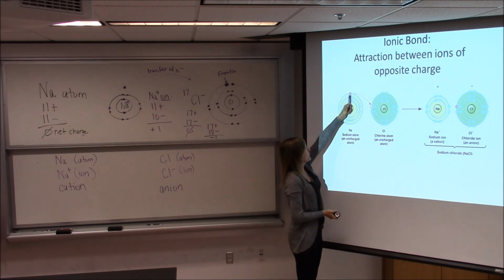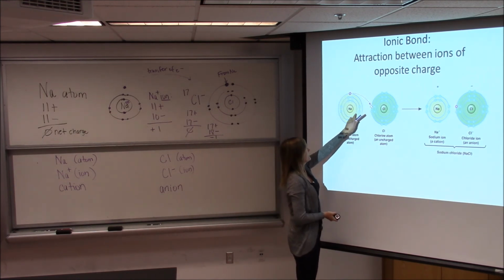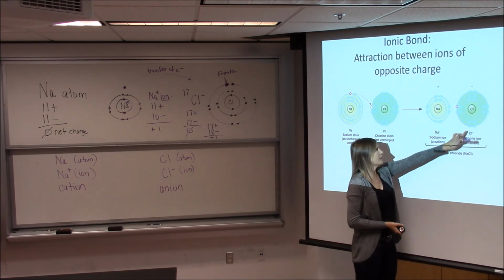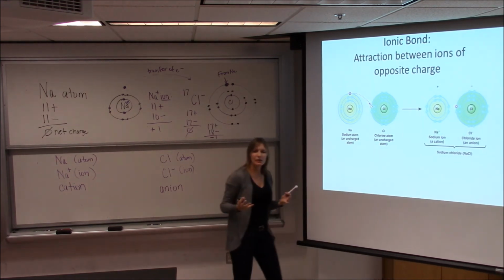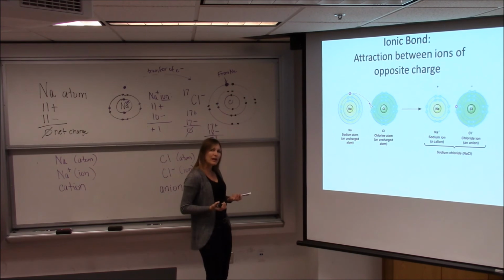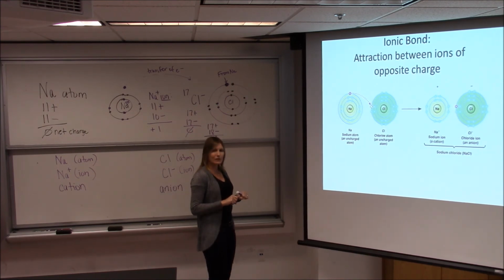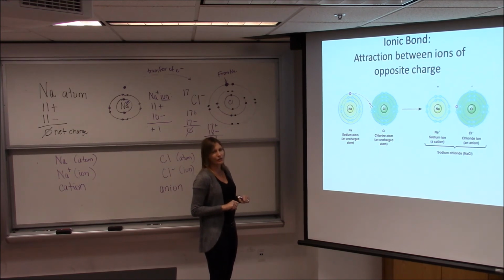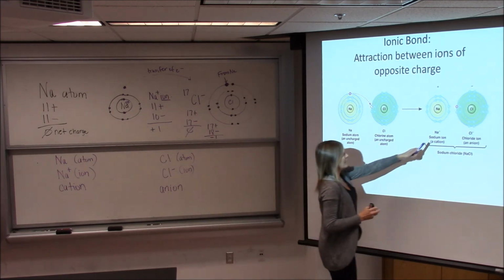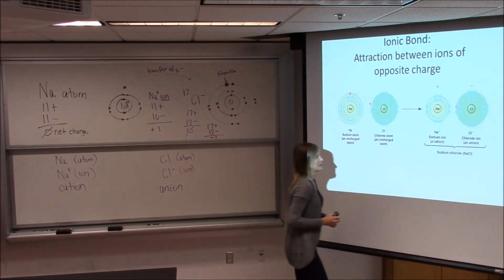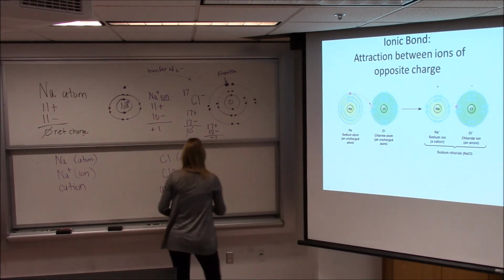Sodium transfers this electron. This now becomes its outer shell. Full outer shell, full outer shell. They're both happy in terms of having a full outer shell. They're stable. But now they're going to be weakly attracted to each other because of this charge difference. This cation is attracted to this anion, and that's what forms an ionic bond.